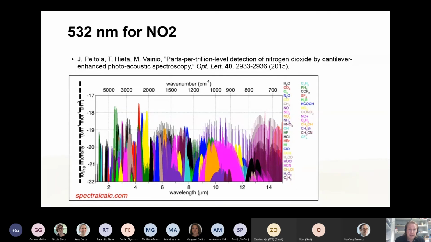Maybe it's also good to mention that when we go through these examples and look at the spectrum, I will have a few words about the availability of light sources. At 532 nanometers, it's green. If you're looking for tunable DFB lasers, that's not going to happen.